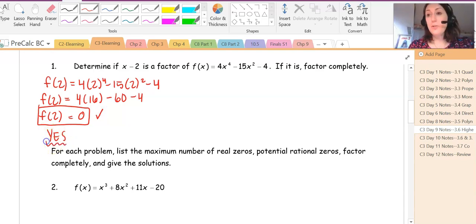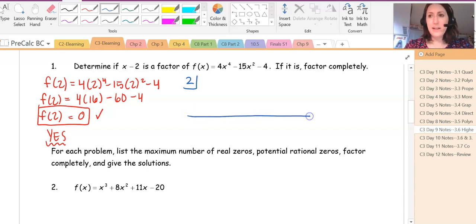Okay, so now they've told you to factor completely. So if you have to factor completely as well and not just say if it's a factor, then synthetic division is probably the way to go, because synthetic division will help you identify if it is a factor and then help you factor completely as well. So here's how we do synthetic division. You're going to put your 2 here. So everyone sets this up a little differently. I do it like this.